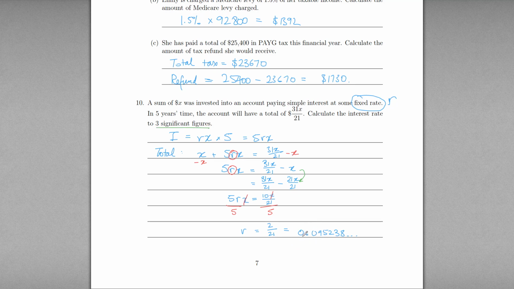So again, for significant figures, I don't worry about these leading zeros. I dump those ones. And I just take the 9.52 as a percentage. So that's significant, significant, significant. Don't need to round the 2 because it's a 3. So I take this as a percentage and say r equals 9.52%.